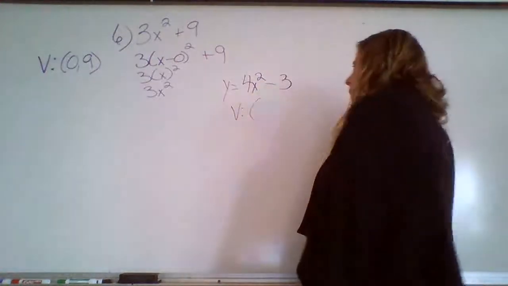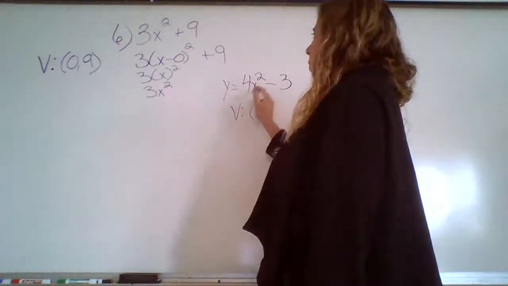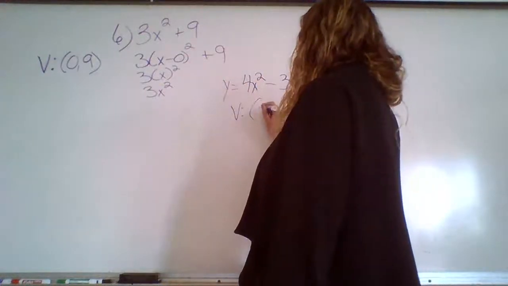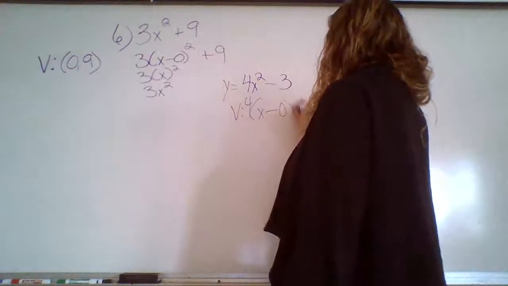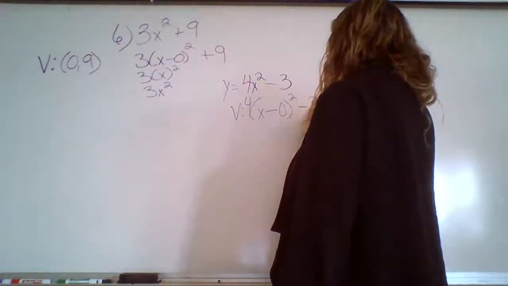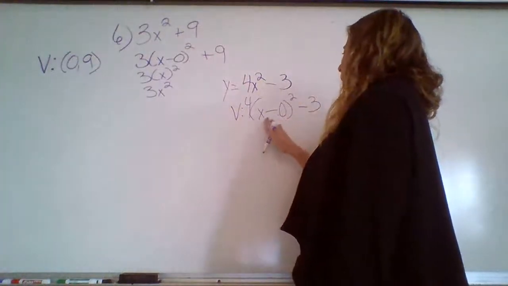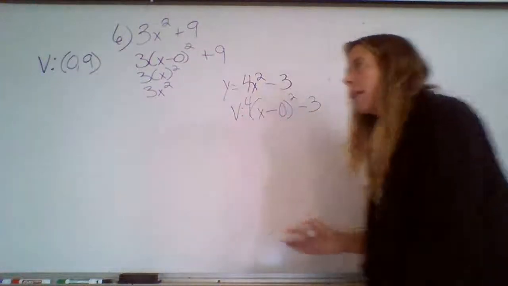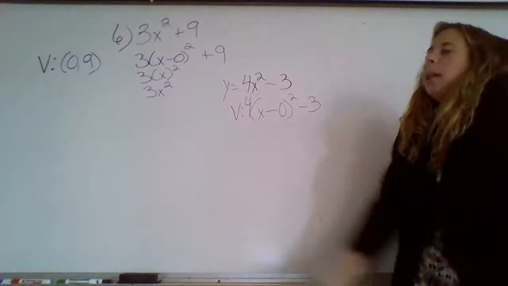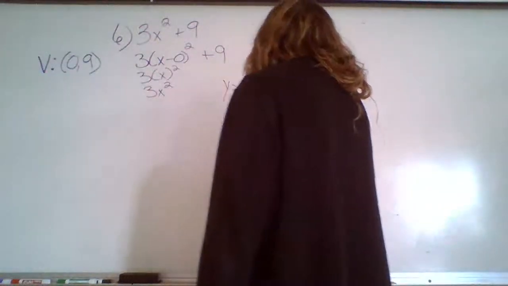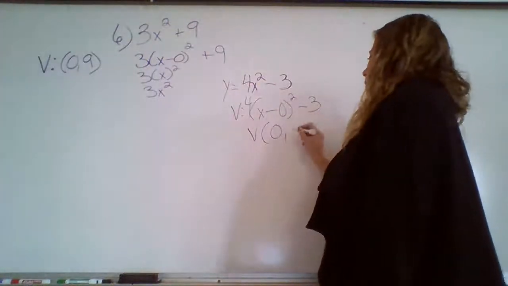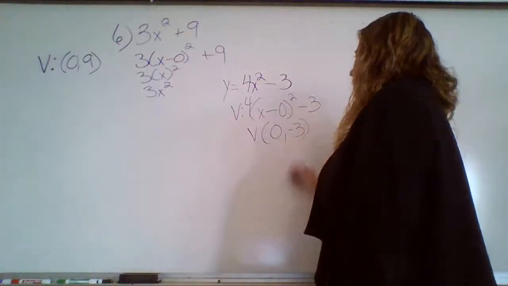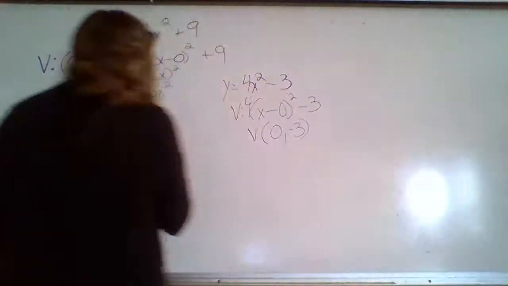So same idea, this is actually 4 times x minus 0 squared minus 3, right? We don't need to write x minus 0 because if you're subtracting 0, you're not doing anything. So your vertex would just be 0, comma, but we are going down 3, so 0, comma, negative 3. Okay, hopefully that makes sense.